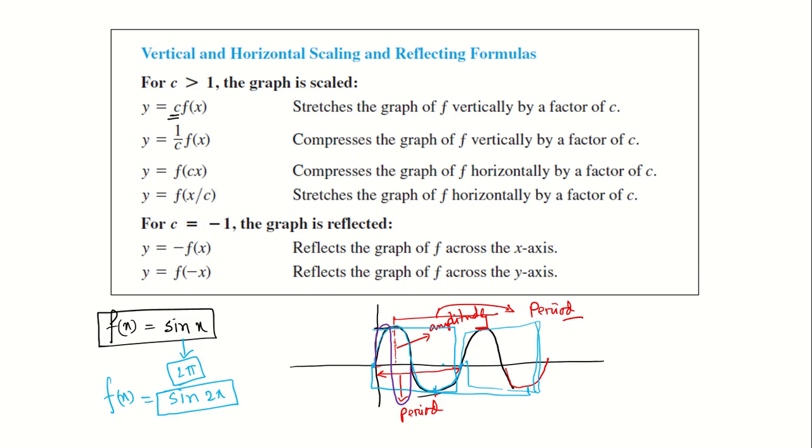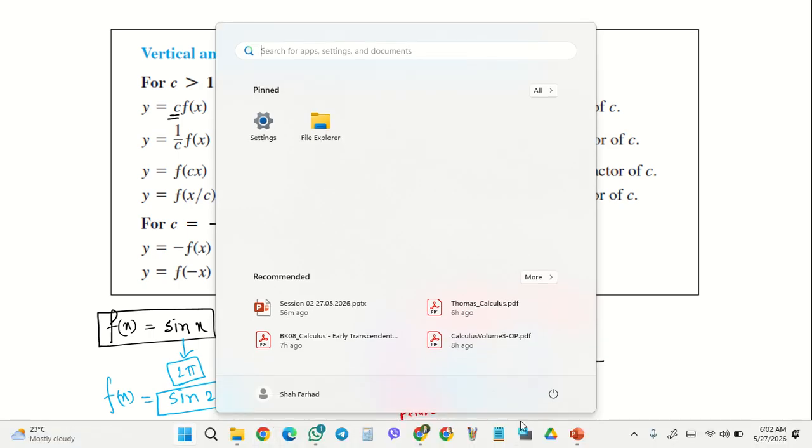That means it will take less time to complete a cycle. Even if we go for Desmos, it will be clear, I think.